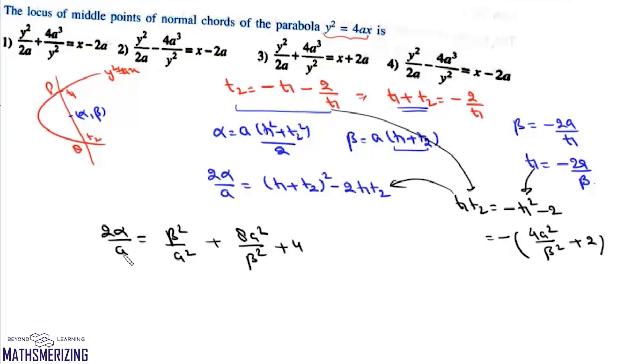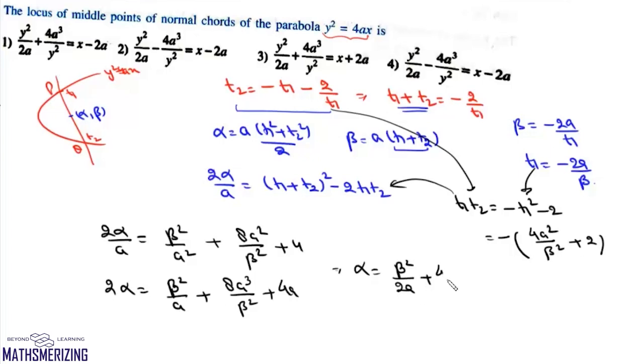Now we'll multiply it with a. Then we can write 2 alpha equals beta square upon a plus 8a cube upon beta square plus 4a, and then we'll divide it by 2 also. So we can write this equation as alpha equals beta square upon 2a plus 4a cube upon beta square plus 2a.